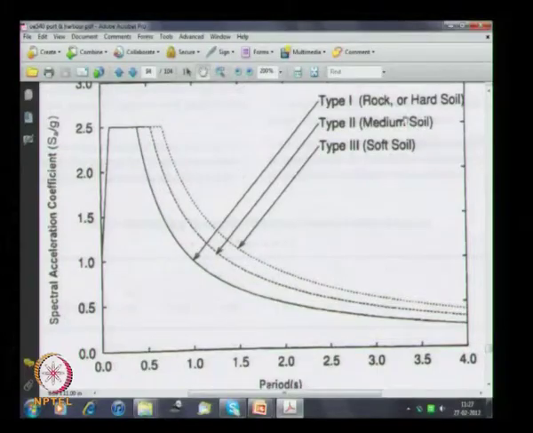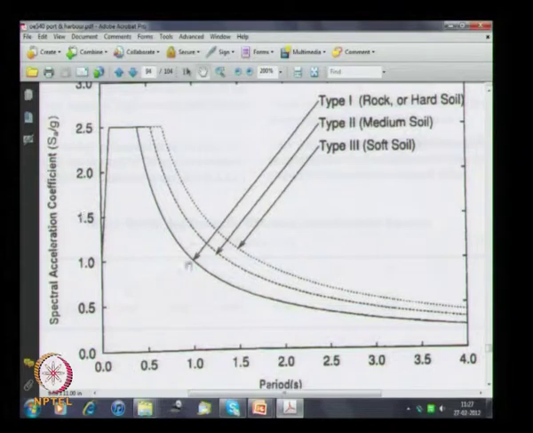What are these 3 curves? These 3 curves depend on the type of soil. Whether the soil is rock, medium soil or soft soil, depending on that the curve will change. Where do you want the natural period of the structure, and where don't you want it? We do not want the natural period somewhere here, because then we will have a very high seismic acceleration coefficient.